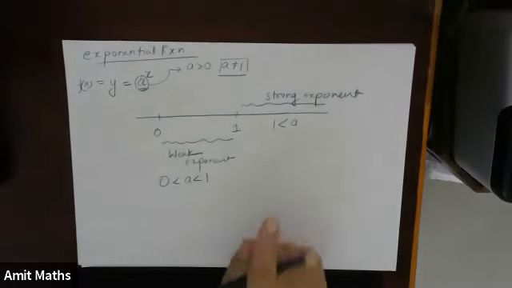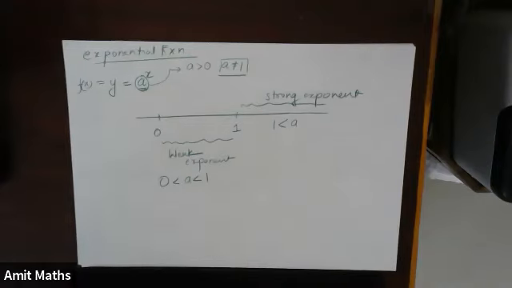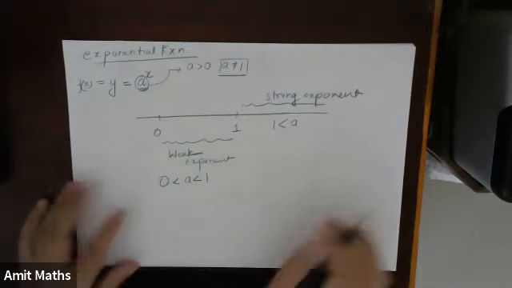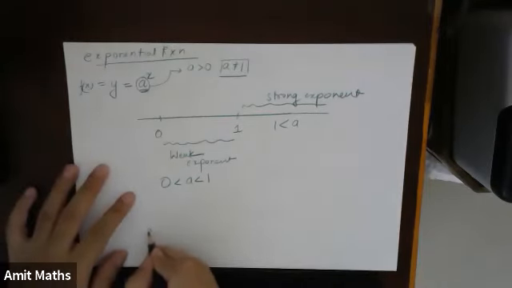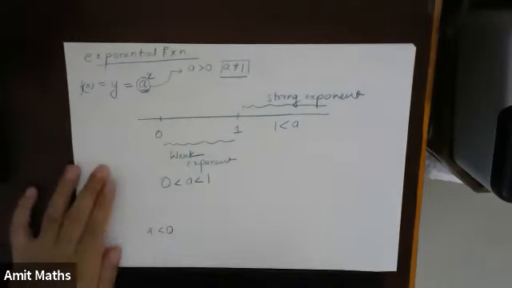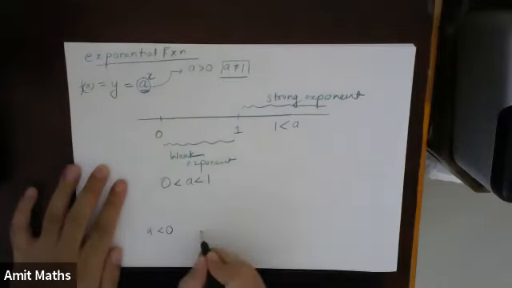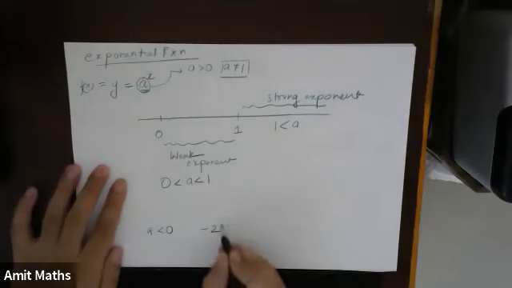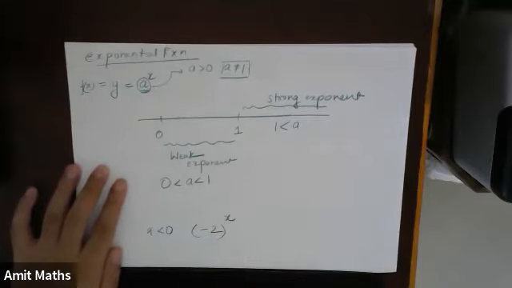Now see, why am I not talking about the graph of negative exponent? Because think about it. Suppose a is less than 0, suppose a is minus 2, and we have minus 2 to the power x.